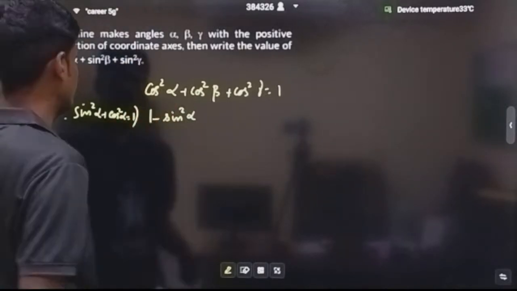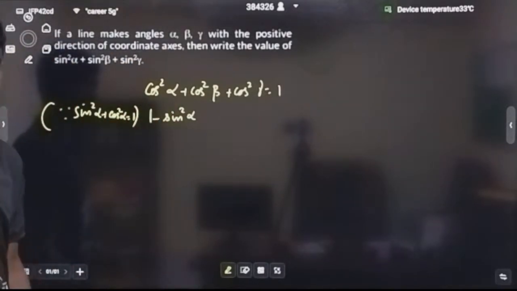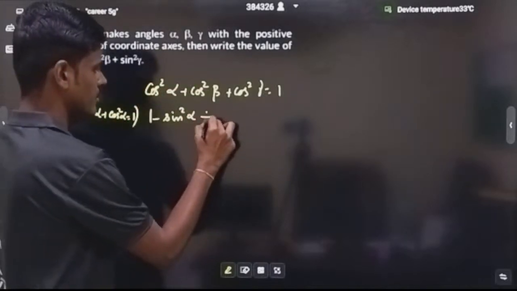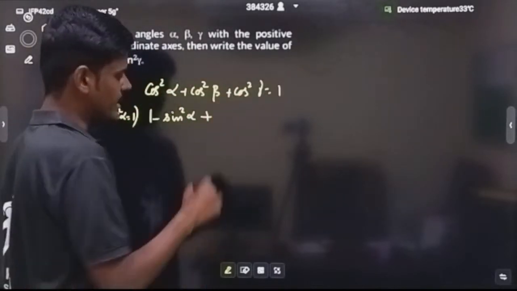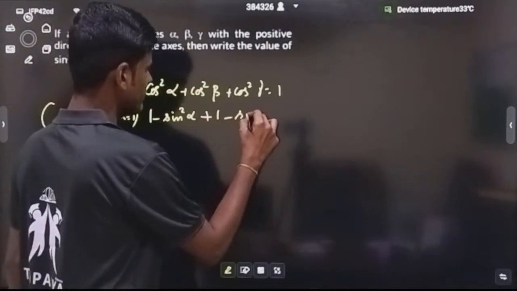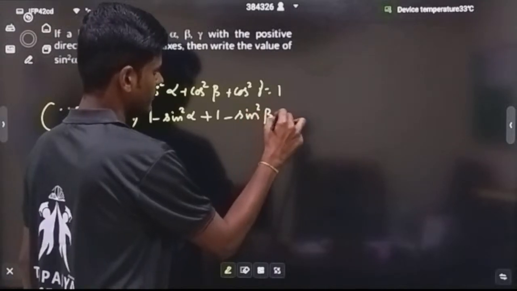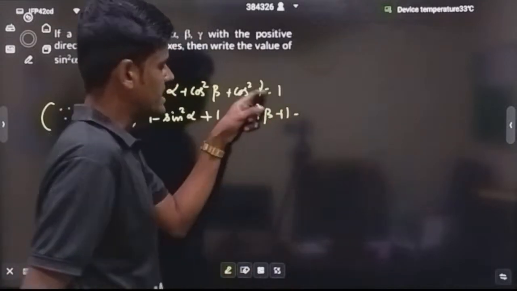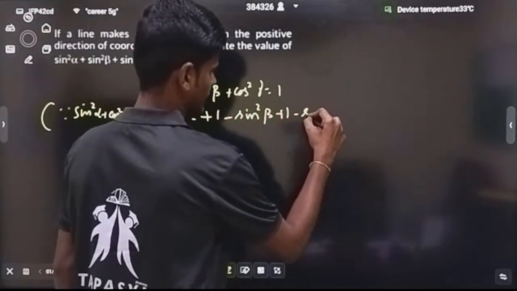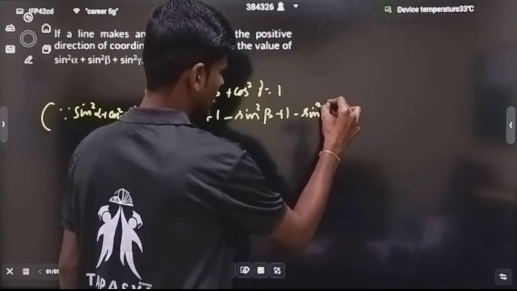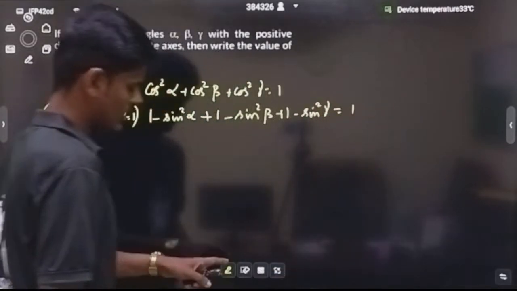That means we can write cos square alpha as 1 minus sin square alpha. Similarly, we can write cos square beta as 1 minus sin square beta, plus 1 minus sin square gamma equal to 1.